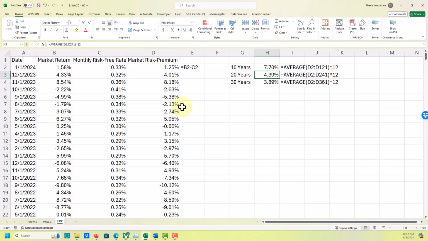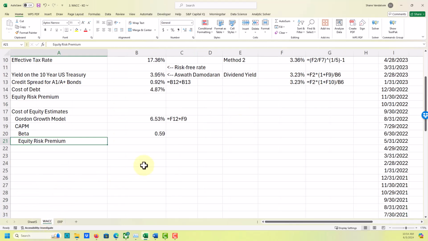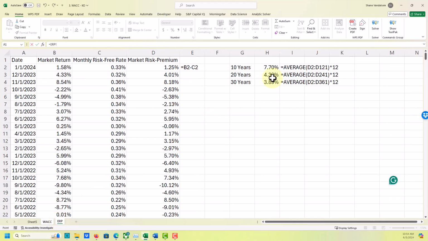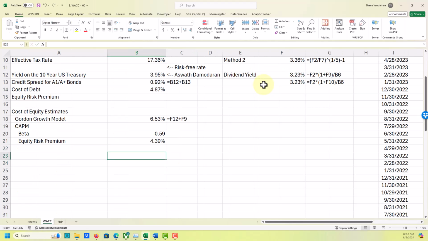So I'm going to use this 4.39%. And what I want you to remember here is that this is the expected return on the average stock in excess of the risk-free rate.